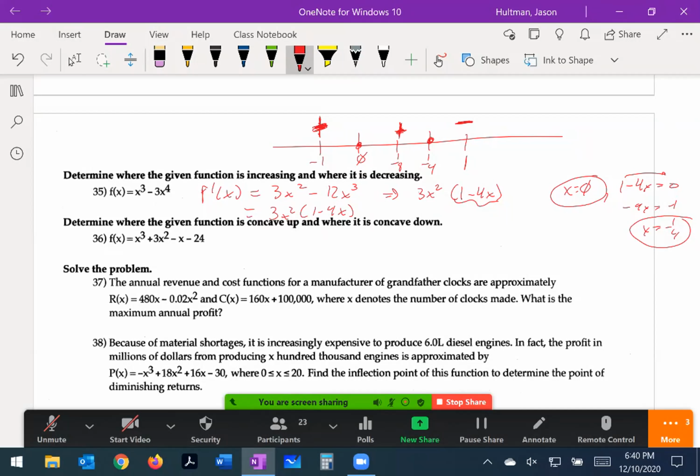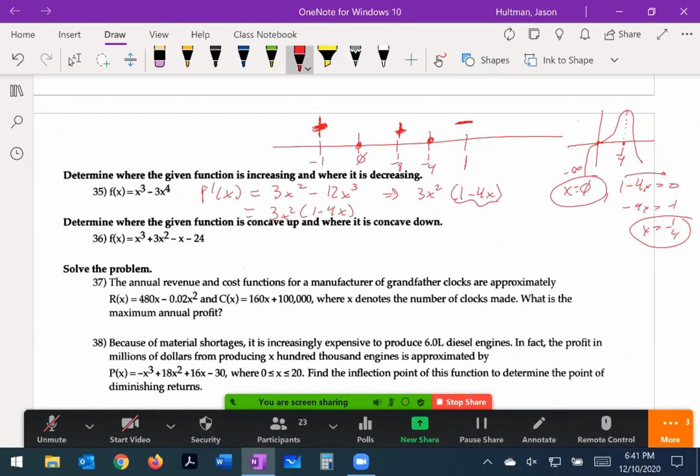Okay, so what's this thing going to look like? It goes like this. It's increasing from negative infinity all the way up to 1/4, and then it's decreasing from 1/4 afterward.